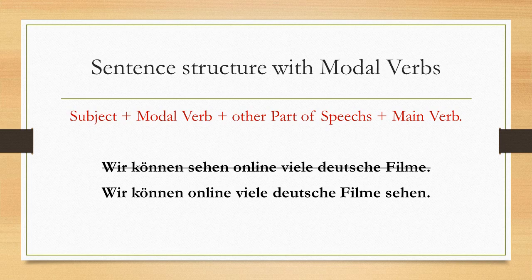Example here is given: Wir können online viele deutsche Filme sehen. We can watch a lot of German movies online. Wir is our subject, können is our modal verb, and können changes according to wir, and then we have used other parts of speech, and as we mentioned, we have located our main verb at the end in its infinitive form.